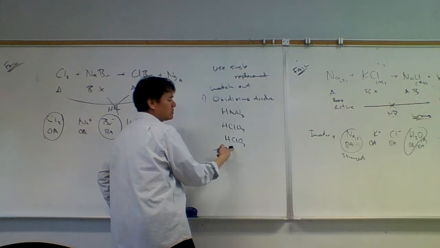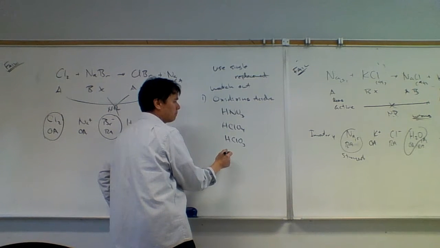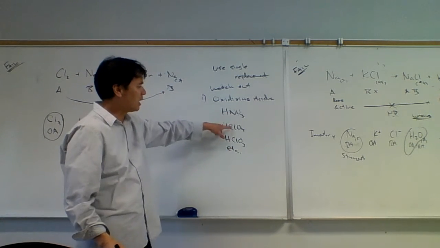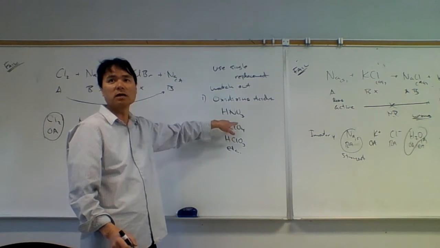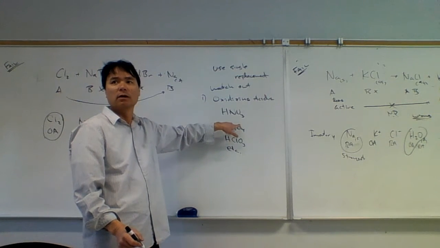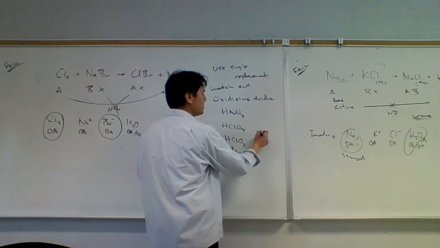Chlorous acid, well, that's not as bad, or hypochlorous acid. Hypochlorous is more mineral acid-like. These types, etc. And so when you see an anion that's electron poor, and you can tell it's electron poor because it's got a lot of oxygens there, then watch out.